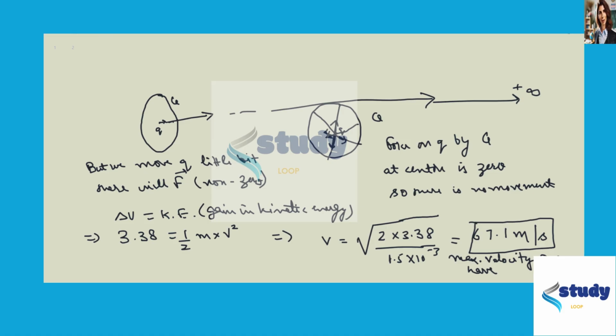That means v squared is the maximum, which means v is maximum. So v is max when KE is max and delta U converts completely into KE.